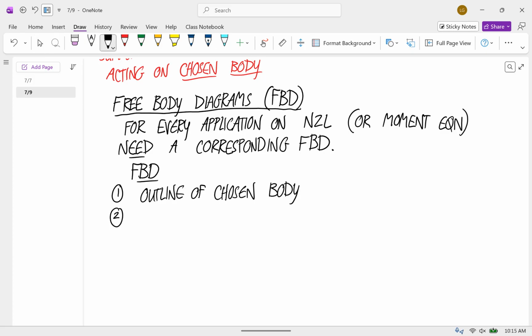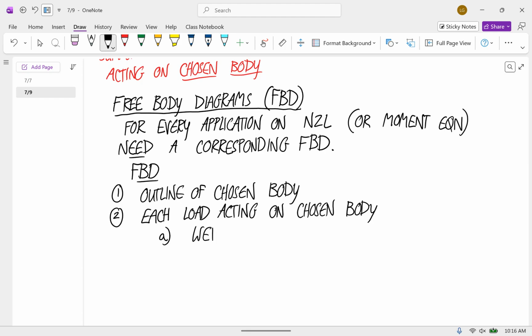And then on that outline of the chosen body, you're drawing each load acting on the chosen body. Okay, so what does that include? That includes the weight, the force applied by gravity, which is the mass of the object times 9.81, 9.80655.